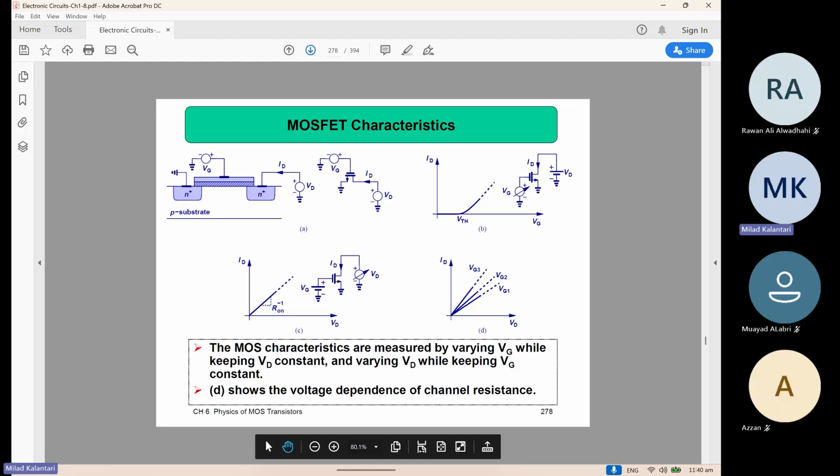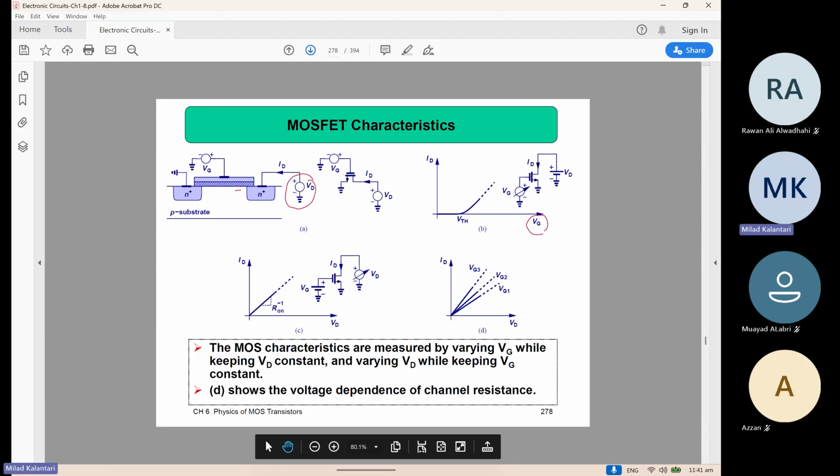So again, here we are trying to demonstrate what will happen once we change the VG. Now we are also assuming we are trying to pass some current from one side to the other, right? We have this VD, which is not zero. We apply some voltage so that we allow some current to pass, right?